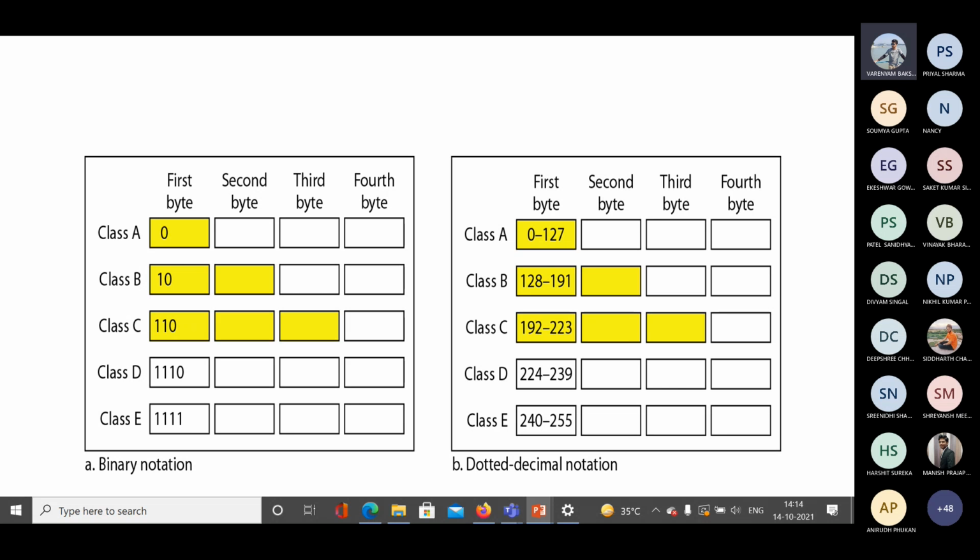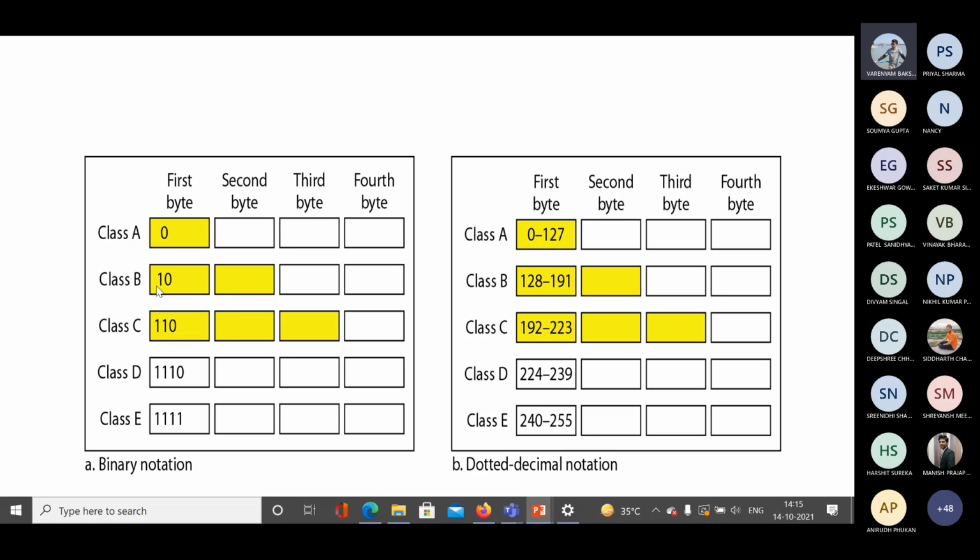Now, correspondingly, if the first bit is 0, then in dotted decimal notation all the IP addresses that started from 0 to 127 fell into the category of class A addresses.